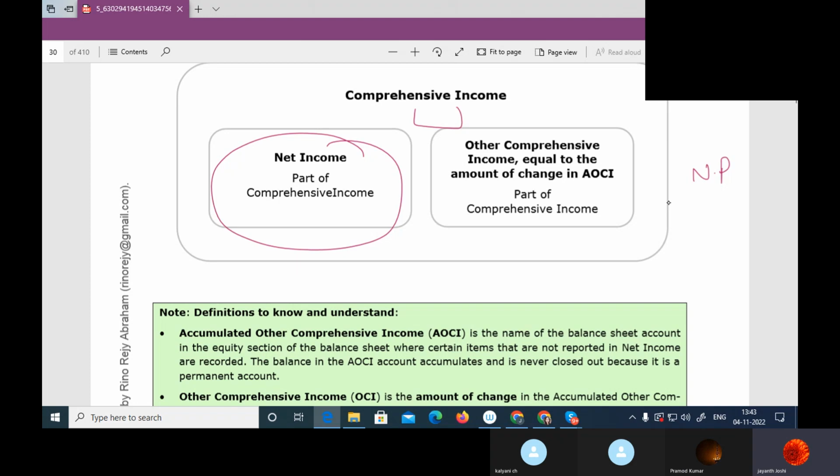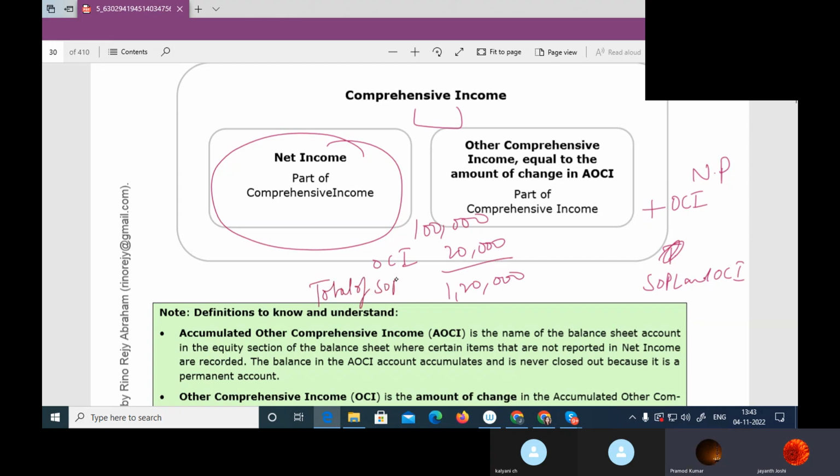After making your net profit, you add other comprehensive income, and you get the total, that is, the statement of profit or loss and other comprehensive income. Suppose my net profit is 100,000, and I have added some other comprehensive income items of 20,000. So what is my total? 1,20,000. This is the total of SOPL and OCI. Correct?